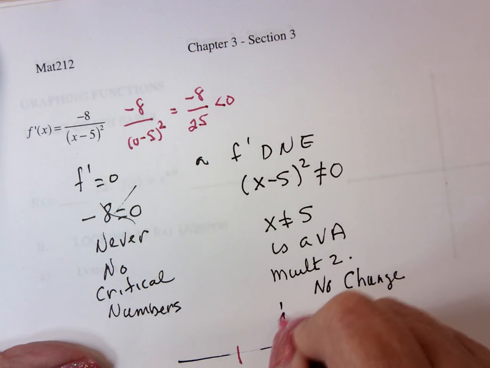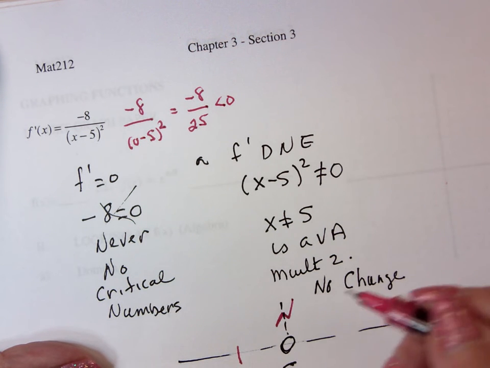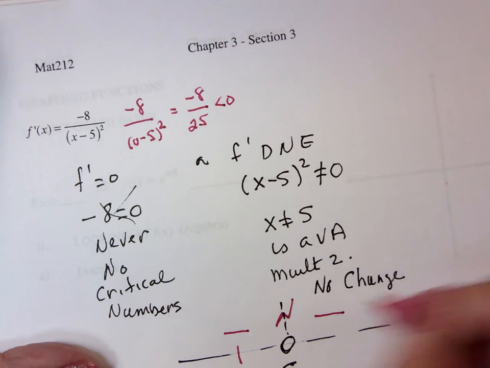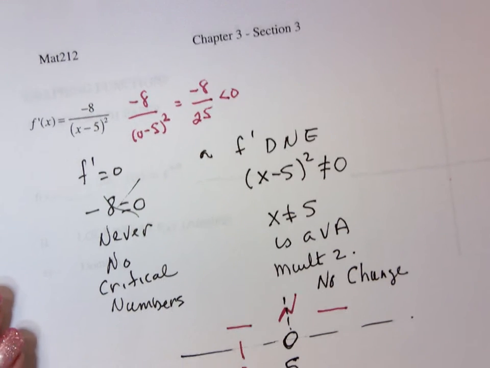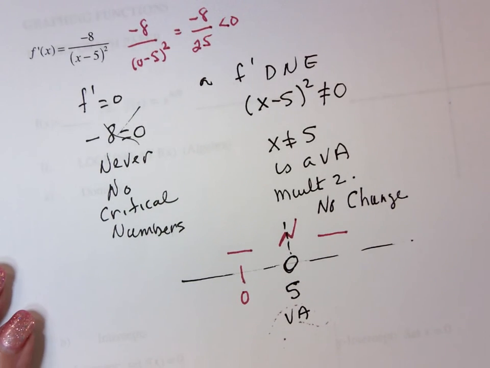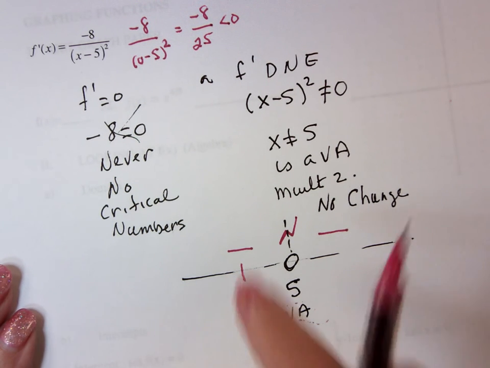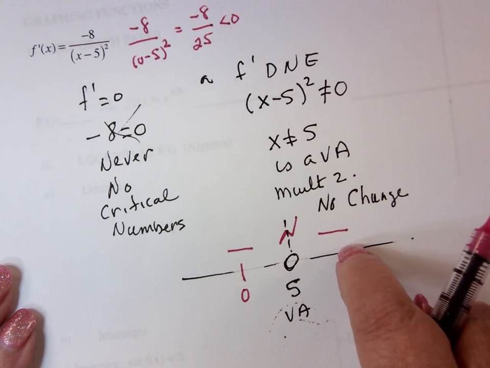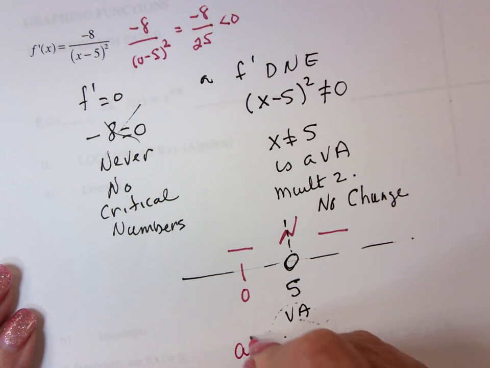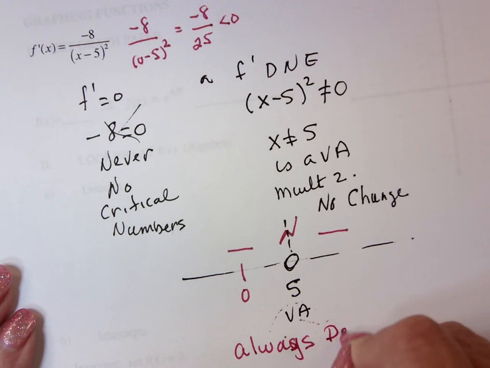And there is no change across this guy, so negative followed by negative. This says he is always decreasing, right? Decreasing followed by decreasing. So he is always decreasing.